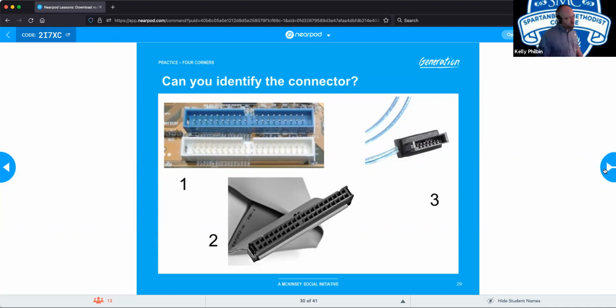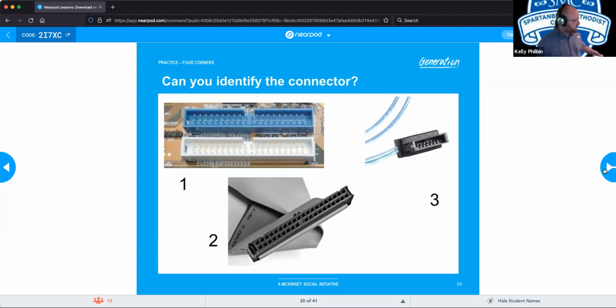And it has that long, flat ribbon-like cable attached to it. So what would that make you think of? I really don't have an answer for this. I'm sorry. No problem. Go ahead, Jimmy. So that would be the PATA IDE connector? PATA. That is correct. Very good.